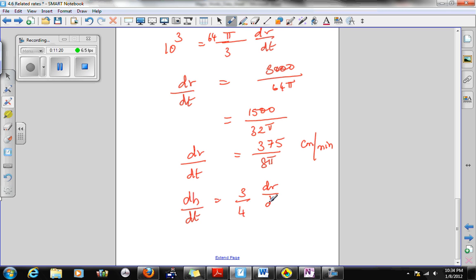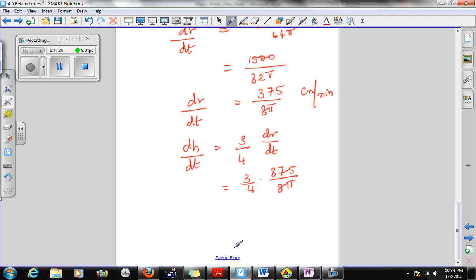We substitute for dr by dt as what we found just now, 375 divided by 8 pi centimeter per minute. We'll consider the unit at the end.